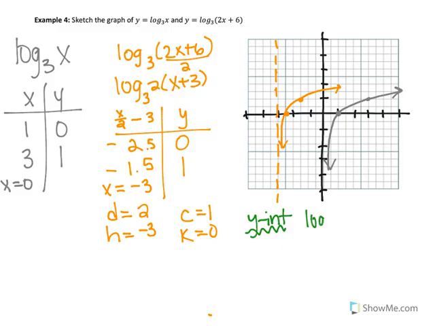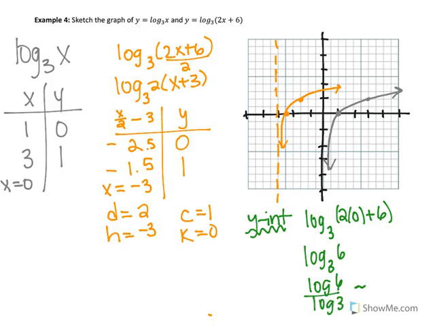So we have log base 3 of 2 times 0 plus 6, which is log base 3 of 6. So we'd go log of 6 divided by log of 3, and our y-intercept is at 1.63. So that's why I moved it down, because it was a little bit too high.